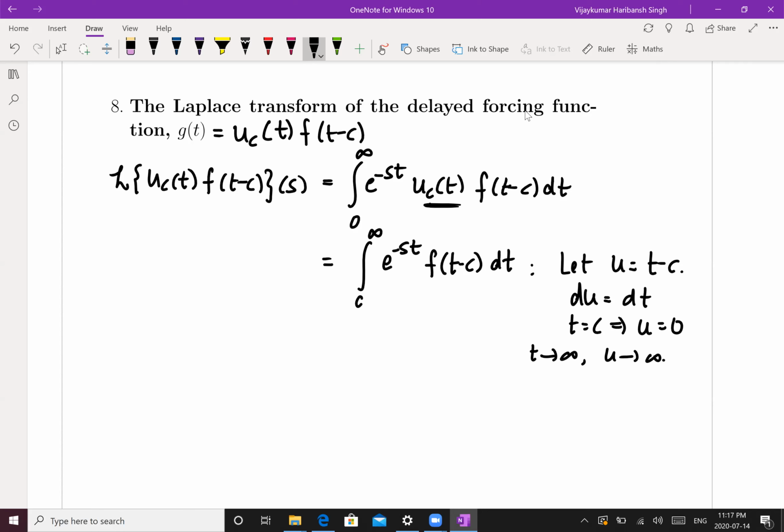So this integral will change to the integral from 0 to infinity of e to the power minus s times u plus c, times f of u du.